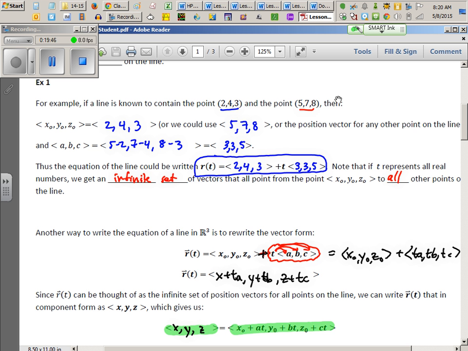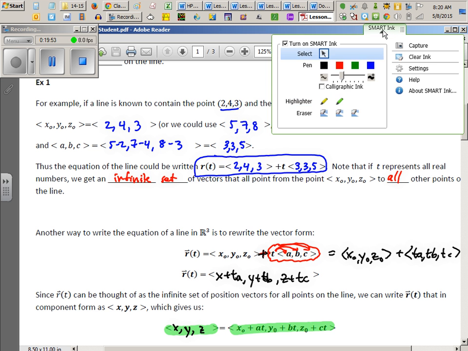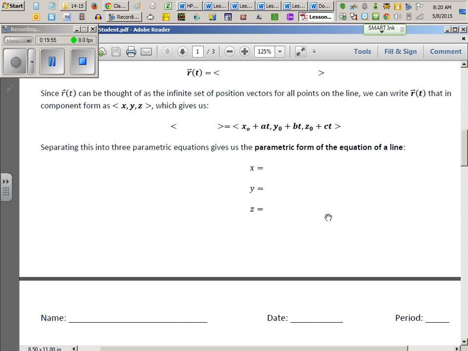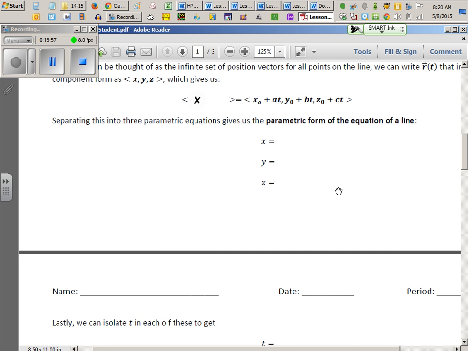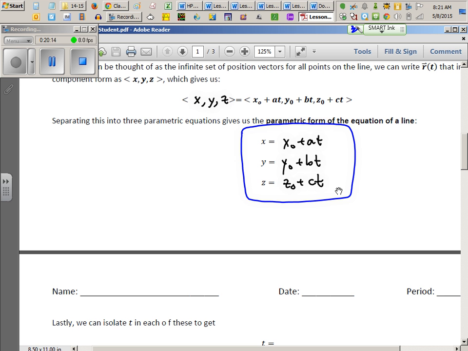In other words, we can take this out of vector form and write those three things like this: x equals x naught plus at, y equals y naught plus bt, z equals z naught plus ct. You might say, why would I want to do that? Well, these are parametric equations now. And this is the vector form of a line.